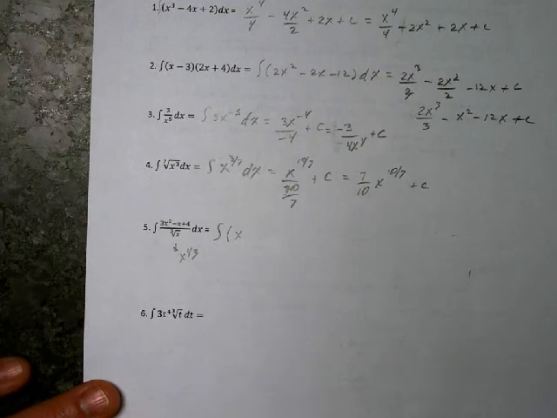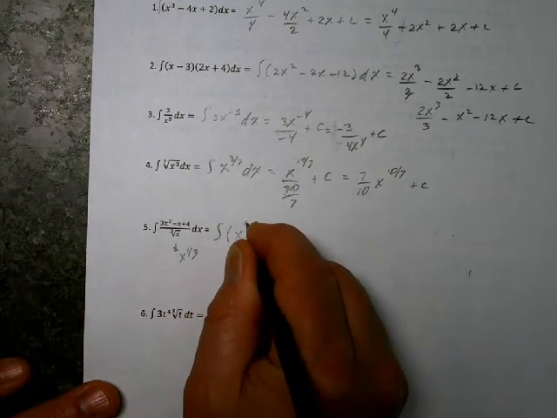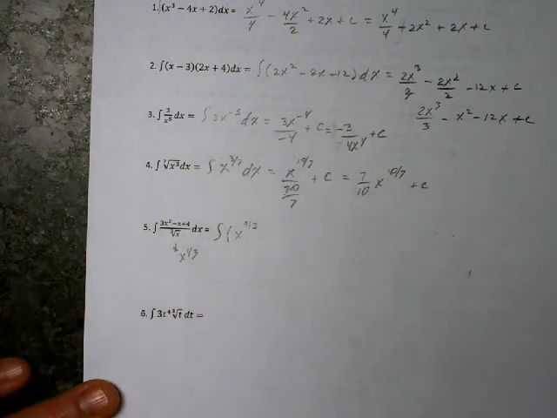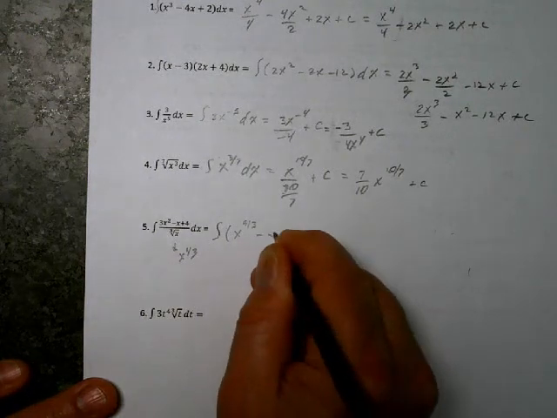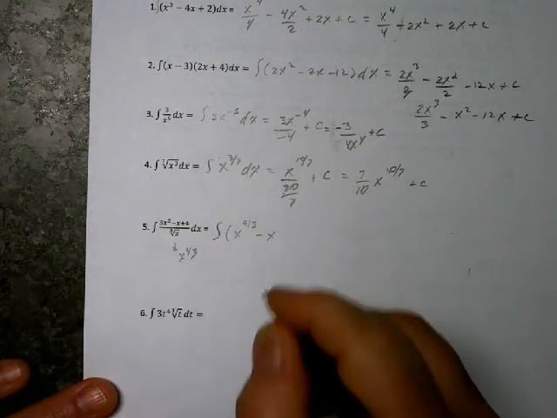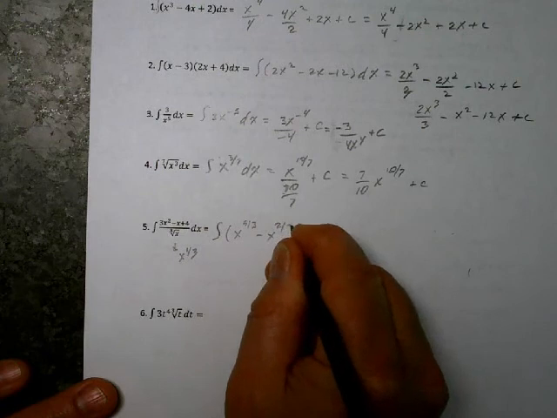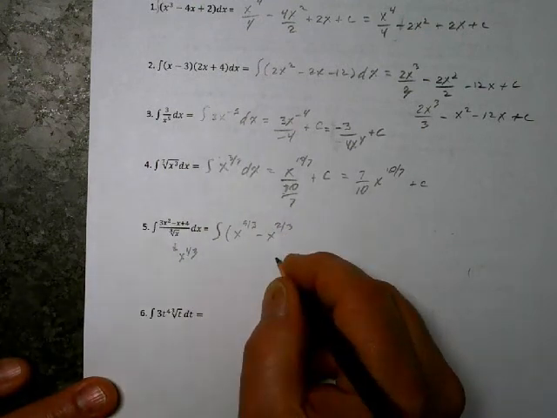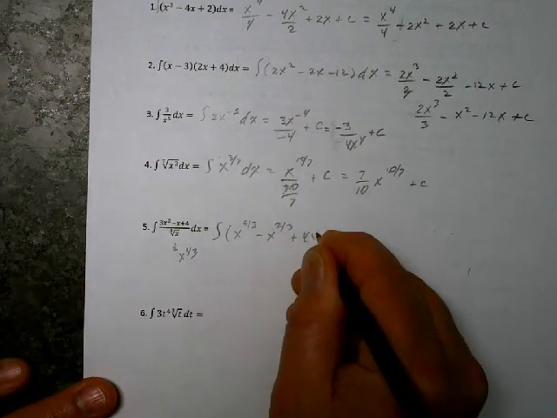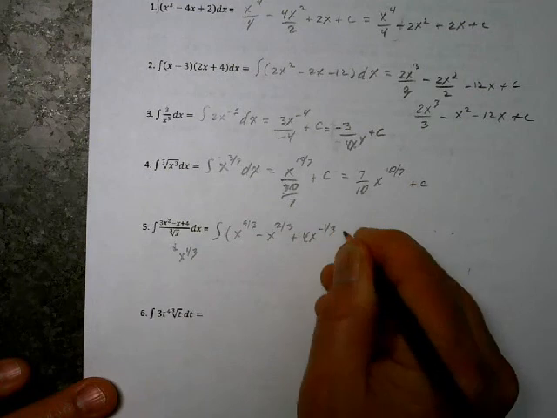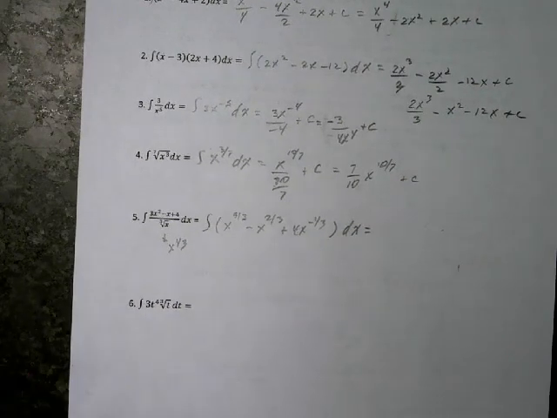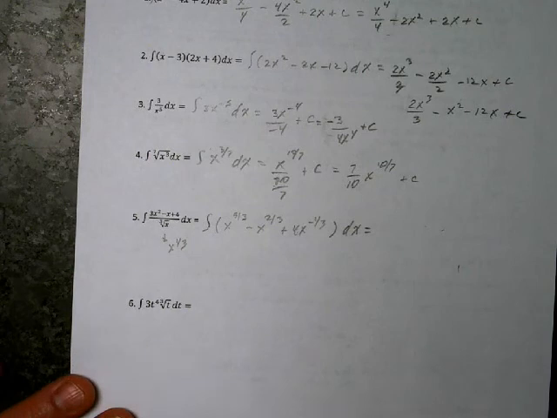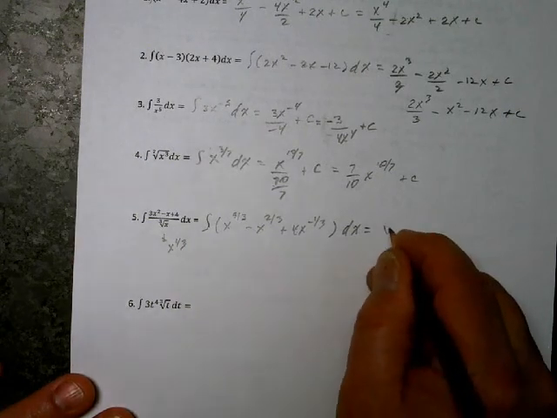So this is going to become x to the 5/3, because 6/3 minus 1/3 is 5/3, minus x to the 2/3 plus 4x to the negative 1/3 dx. Now that's what we're going to integrate.